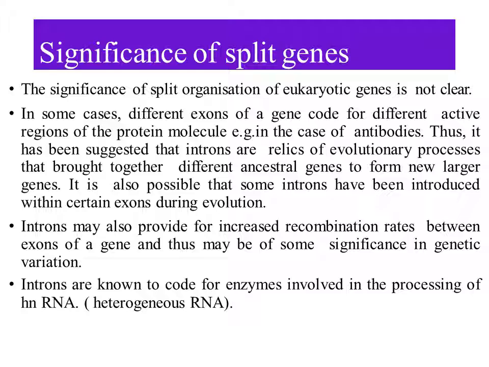So by rearranging the exons, we can have the production of different proteins by using the same genic sequence or same cistron, and that gives an advantage to the eukaryotes by producing different proteins from the same sequence of nucleotides. Probably for this reason, split genes have evolved.